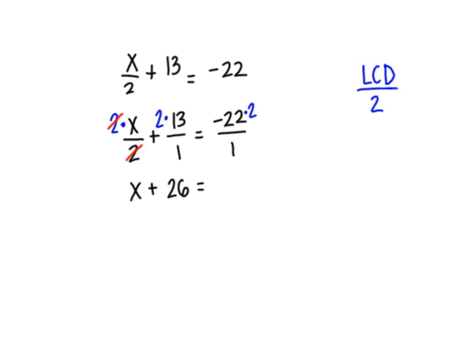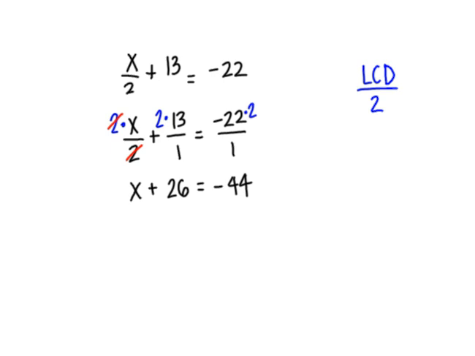My last fraction has a 1 in the bottom, so nothing crosses out, but I have a negative 22 times 2, which would give me a negative 44. I don't have fractions anymore, so that's great. My resulting equation is x plus 26 equals negative 44.